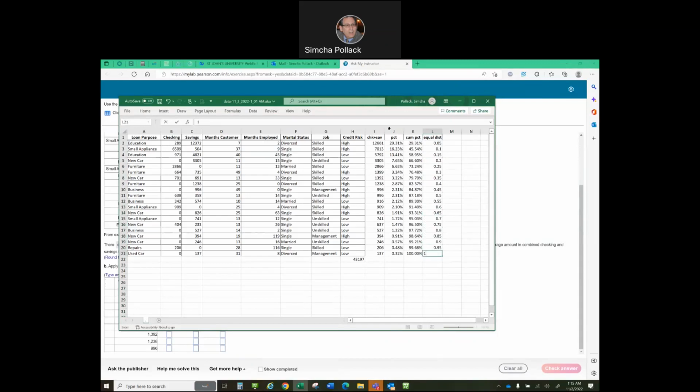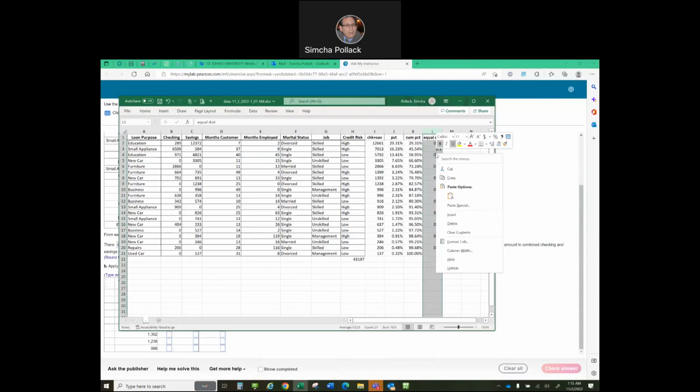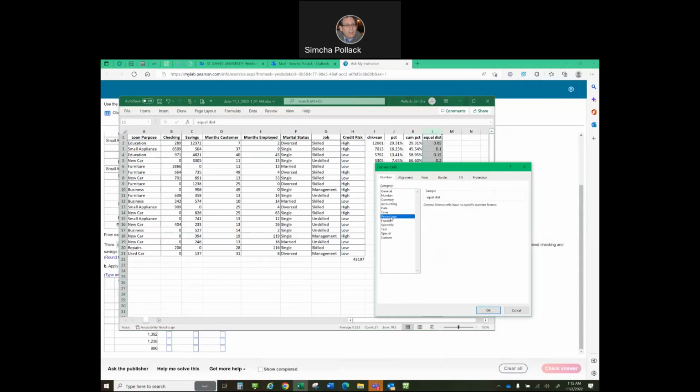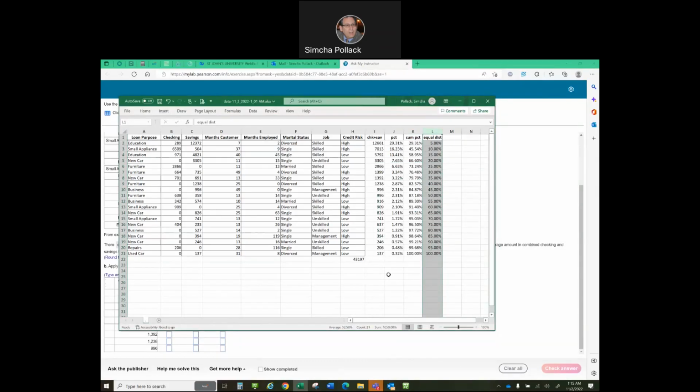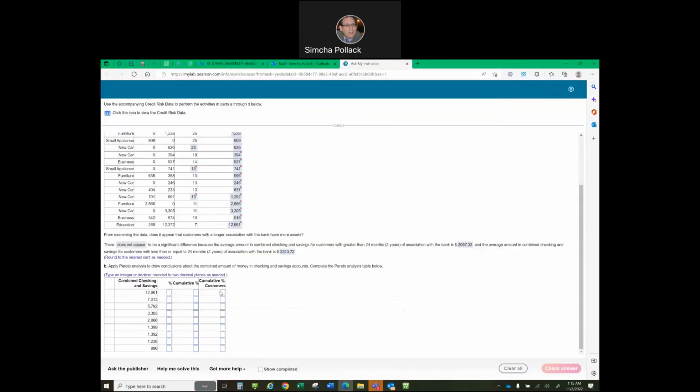I think they want this as percentages, so again, we have to convert this: format cells, percentage. So these are percentages. Now you have the numbers that go into these numbers here.